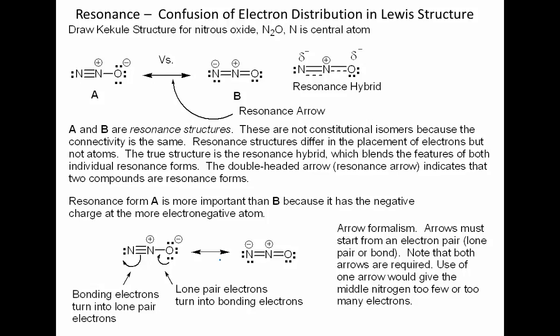If I asked the class to do this on an exam, maybe half of you would come up with this structure right here, structure A, which has a nitrogen-nitrogen triple bond and a nitrogen-oxygen single bond and formal charges as shown, whereas another segment of you might come up with structure B, which has two double bonds from a central nitrogen atom and formal charges as shown.